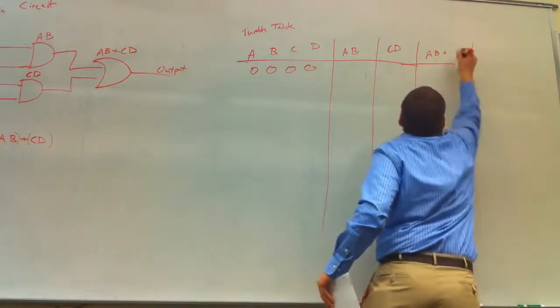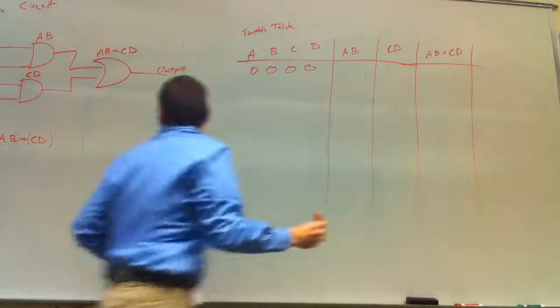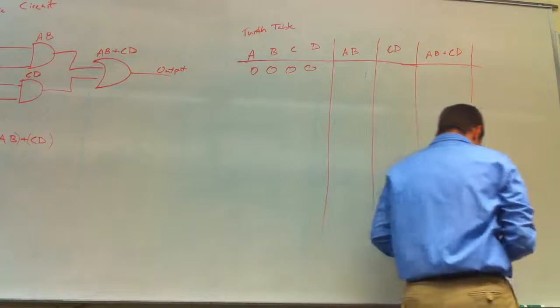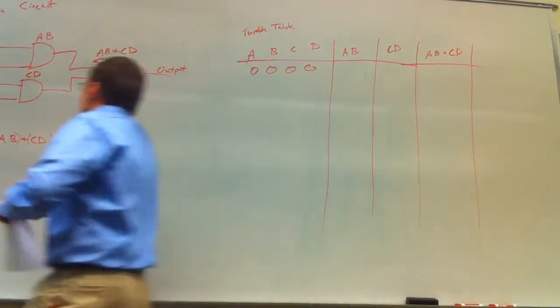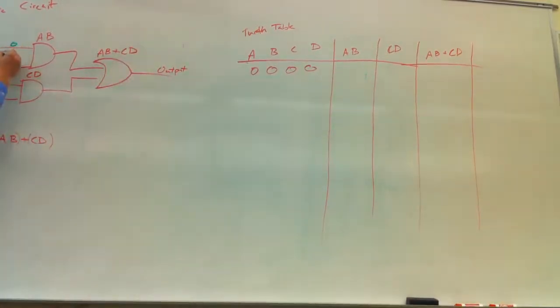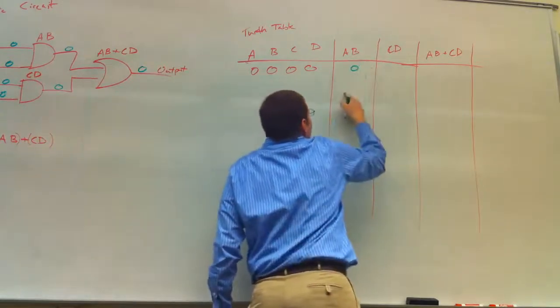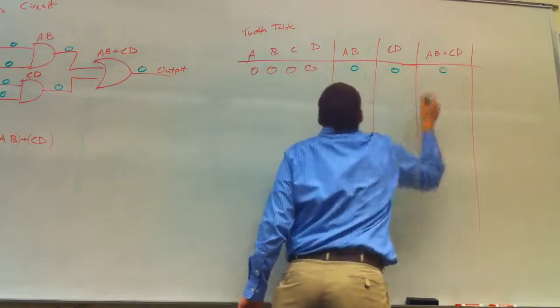So we have 0, 0, 0, 0 on these lines. 0 and 0 is 0, 0 and 0 is 0, and 0 ORed with 0 is 0. So here we got 0, here we got 0, and here we got 0.